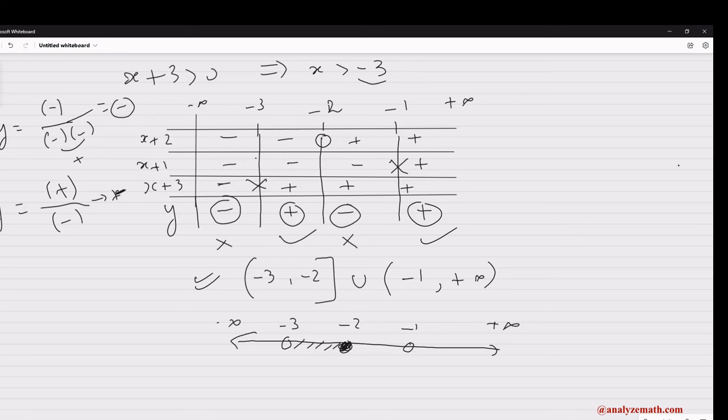Negative 1, open circle, and then to plus infinity. We now use the symbols of inequalities to present the same solution set. X strictly greater than negative 3, less than or equal to negative 2, less than or equal because of the closed circle. Or x strictly greater than negative 1.